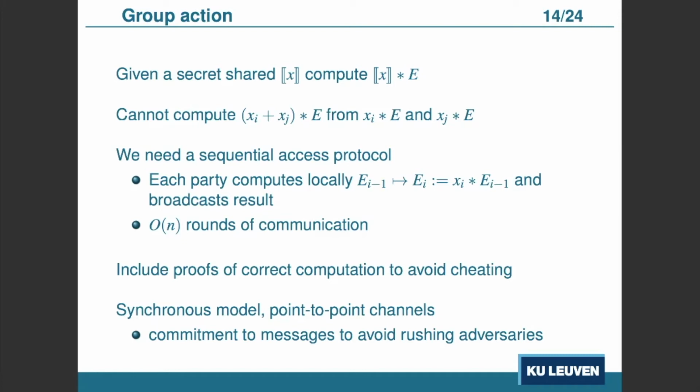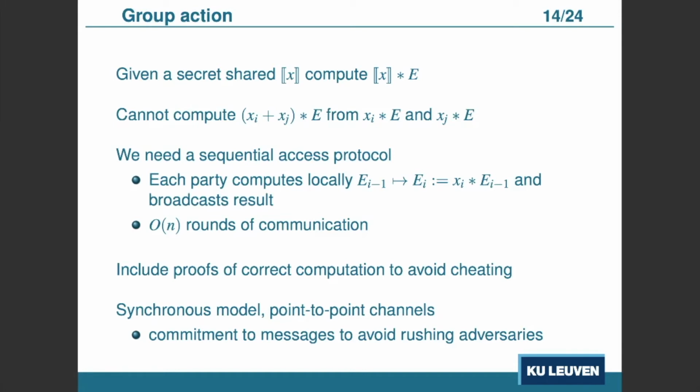this operation. This is because from the local actions of xi on E and xj on E, we cannot derive the action of their sum on E, unless you already know xi or xj, but this is prevented by the hard problem. So we need to design a sequential protocol.